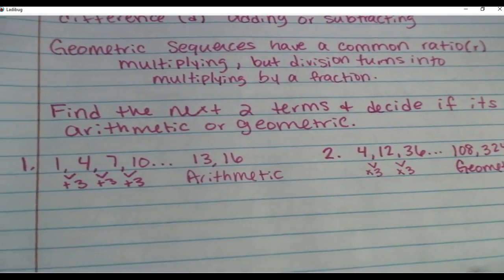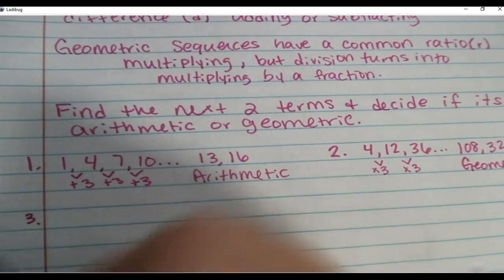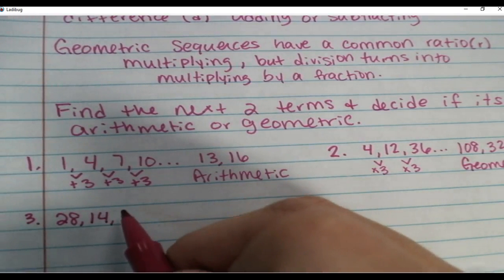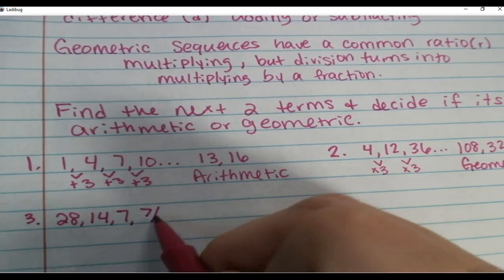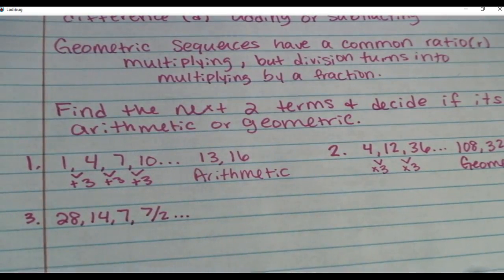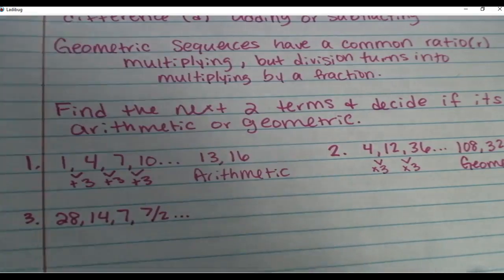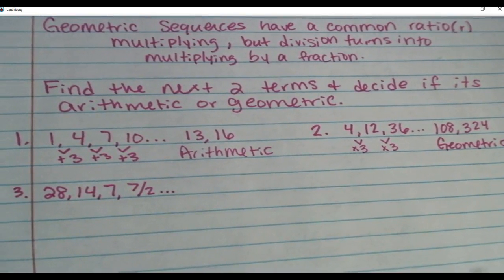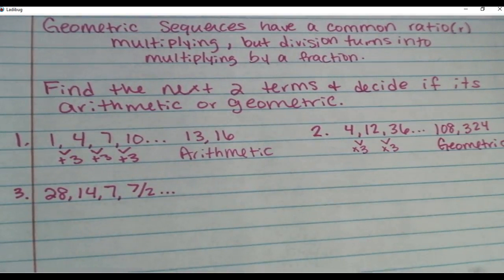Alright, one more. What if we have 28, 14, 7, 7 halves, etc.? So what's happening each time on this one?